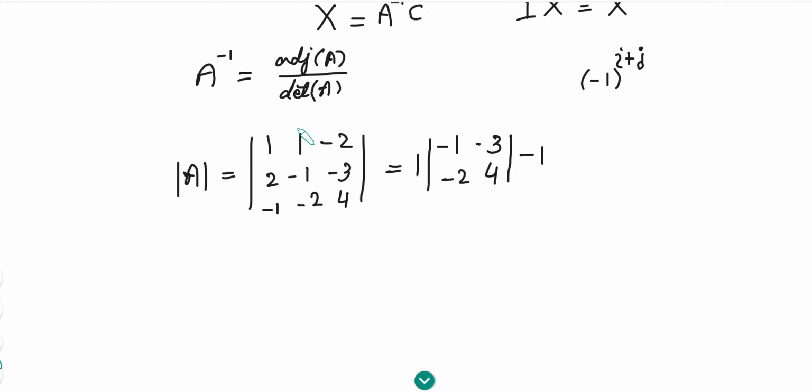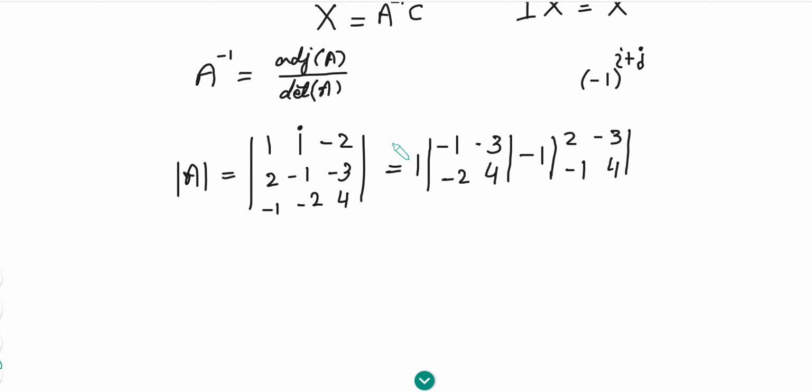Here we have the second element of the first row and the second column, meaning that 1 plus 2 is 3, and (-1) to the power 3 is negative. So here we will have a negative sign times this element, which is 1, and then we are left with the minor of 2, -3, -1 and 4.